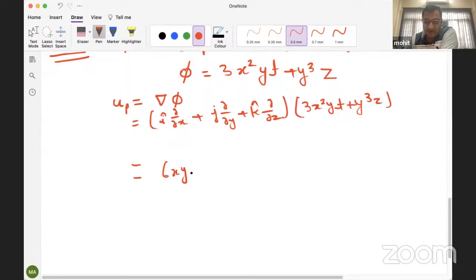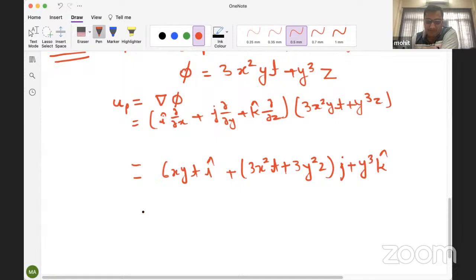6xyt i cap plus in bracket 3x square t plus 3y square z j cap plus y cube k cap.